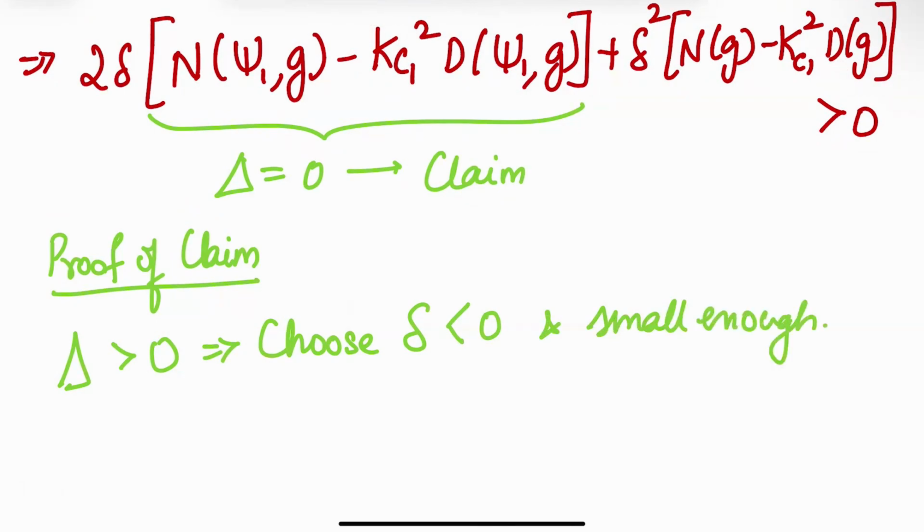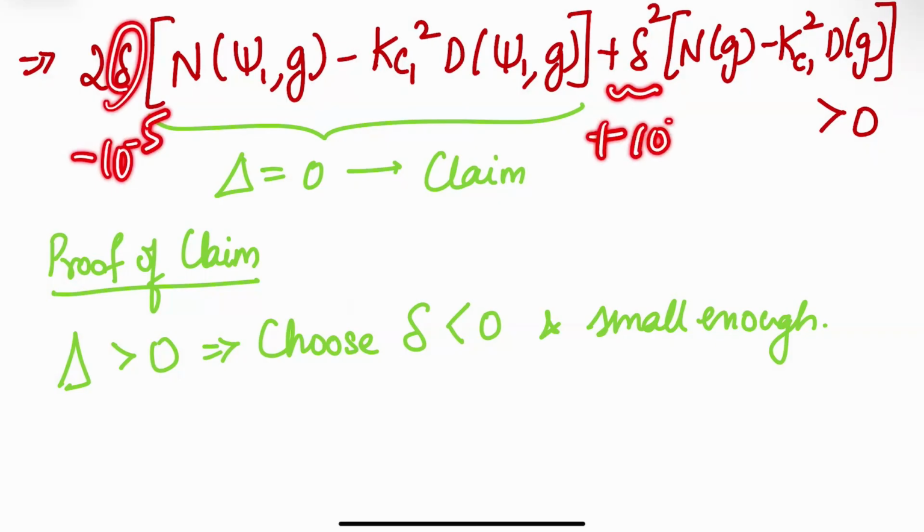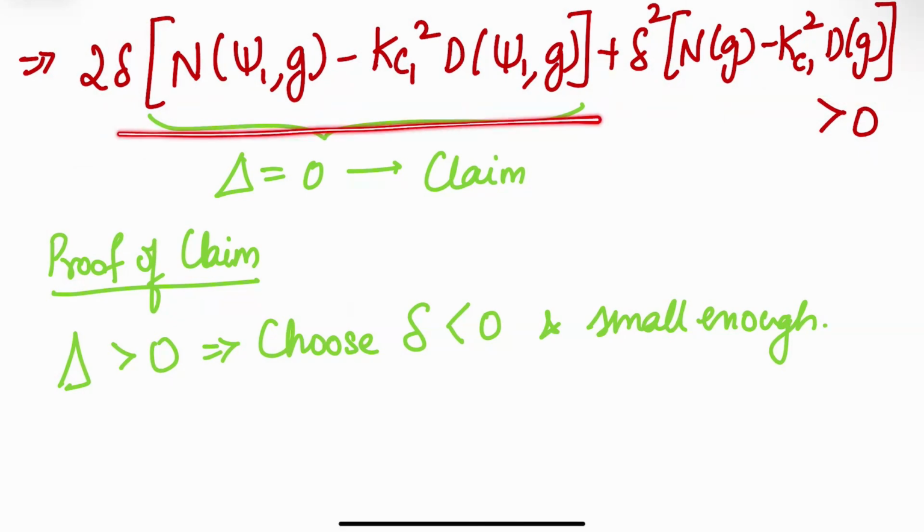So the argument is this: if I make little delta very small, then delta square is positive always and much, much smaller than little delta. For example, if this is 0.1 or minus 0.1, then this would be plus 0.01. If this was minus 10 to the minus 5, this one becomes plus 10 to the minus 10. So this becomes negligible compared to this term.